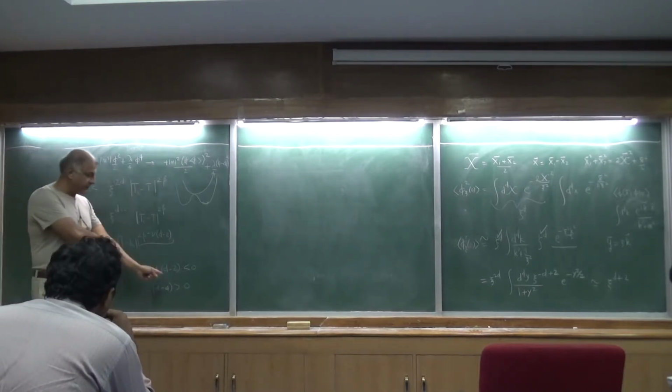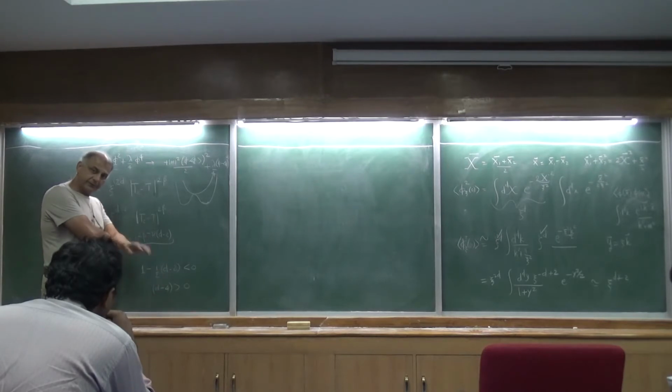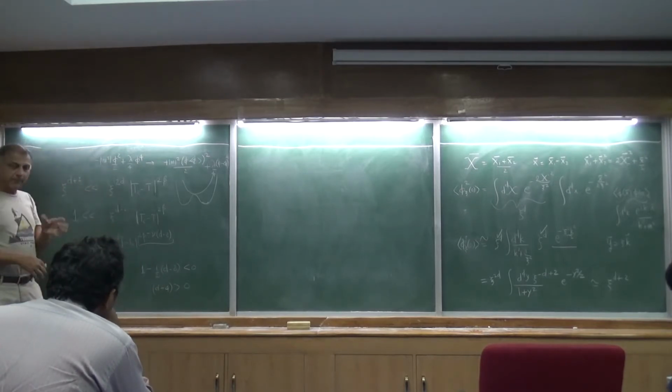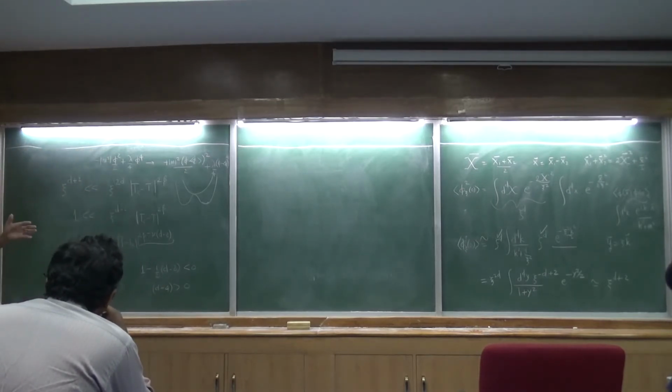You can already see that if the dimension is bigger than 4, it's very different from dimension less than 4. You can also see that the criterion itself is telling you that it breaks down worse and worse as you go to lower and lower dimension. Soon we will actually see more explicitly how dimension enters various things.